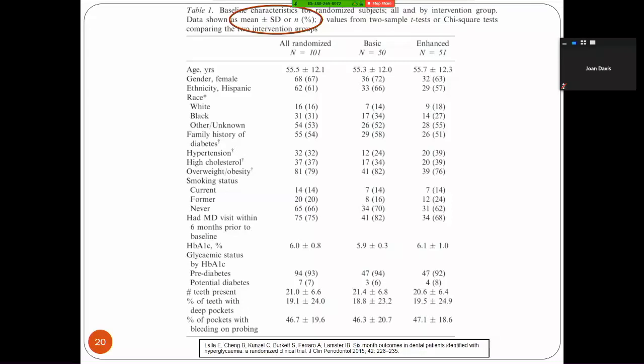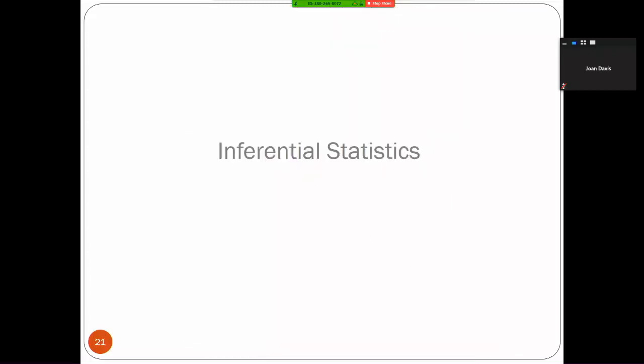And if they differed at the end, you can't attribute it to baseline differences because they were the same at inception of the study, and now after 6 months they look different, right? So we would have to attribute the difference to the intervention because they were the same at time 1. That's all important, and we'll come back to that.